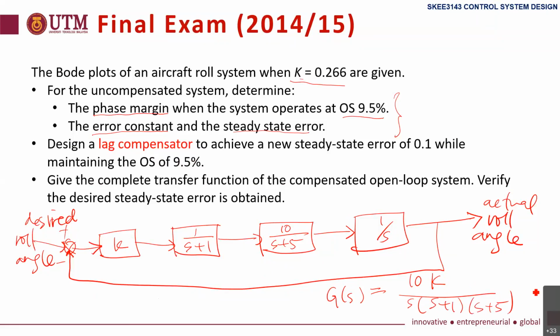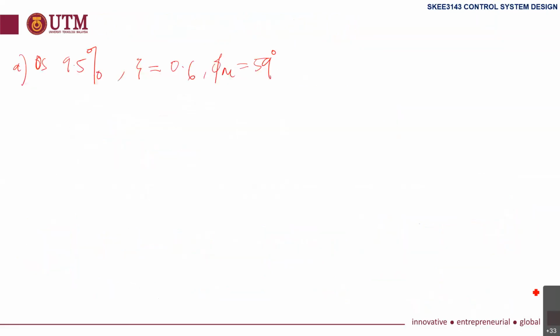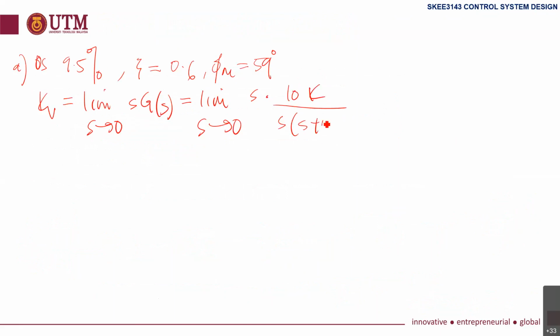And we can calculate KV. KV is limit S to 0 of SGS. GS is 10K over S, S plus 1, S plus 5.